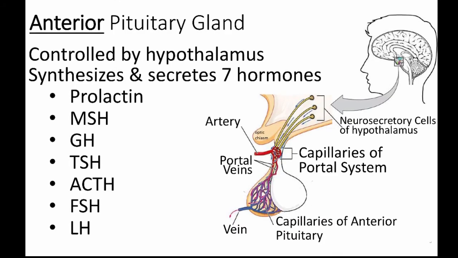So the anterior pituitary gland is closer to the optic chiasm, which is how we know it's anterior, and it has a different kind of organization than the posterior pituitary does, which you can see here.